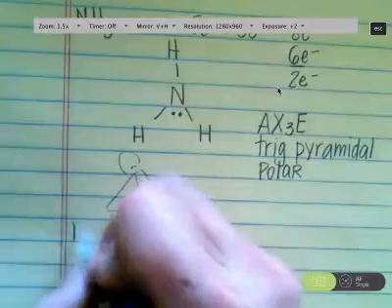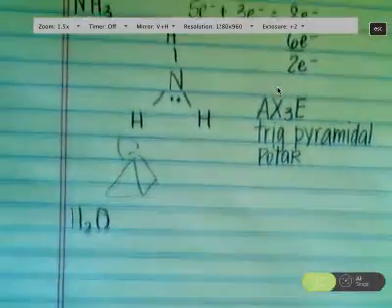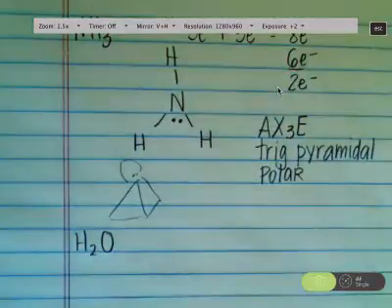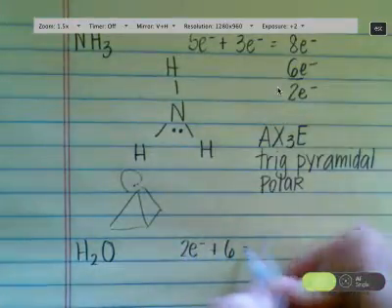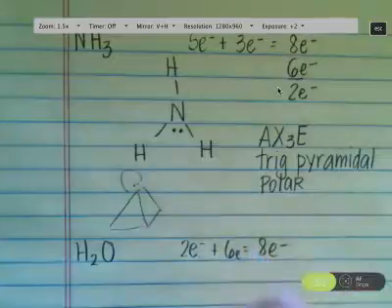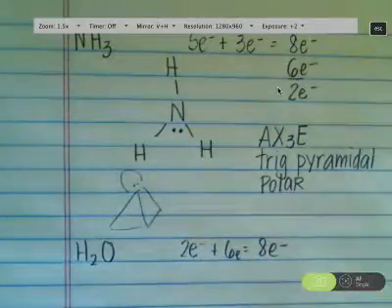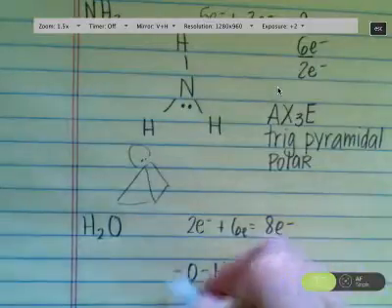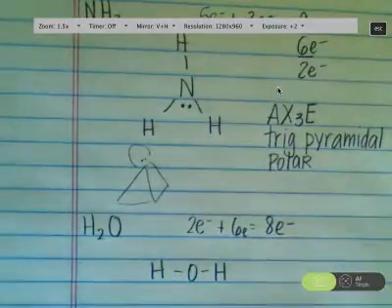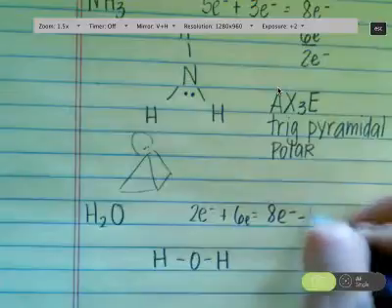H2O. Okay? Hydrogen, that's 2 of them, plus 6. That's 8. What's in the middle? Oxygen. Okay. How many did I use up? 4. I have 4 left.